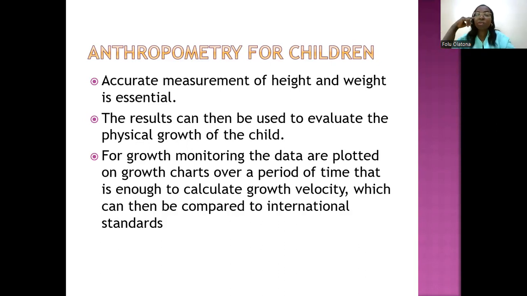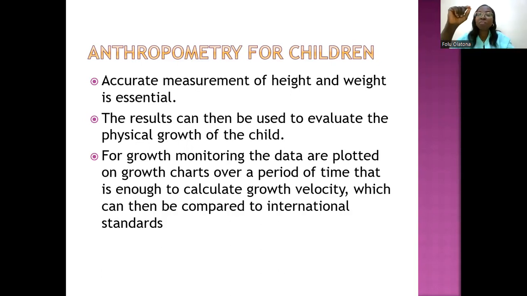And this graph will be compared to standard. On the road to health charts, there's already a graph that has standards. These standards help us to determine the lowest level acceptable and the highest level acceptable. So that lowest level acceptable is the 5th percentile and the highest is the 95th percentile.